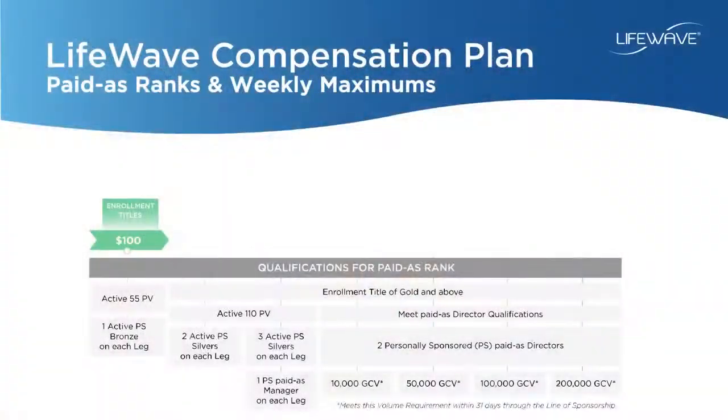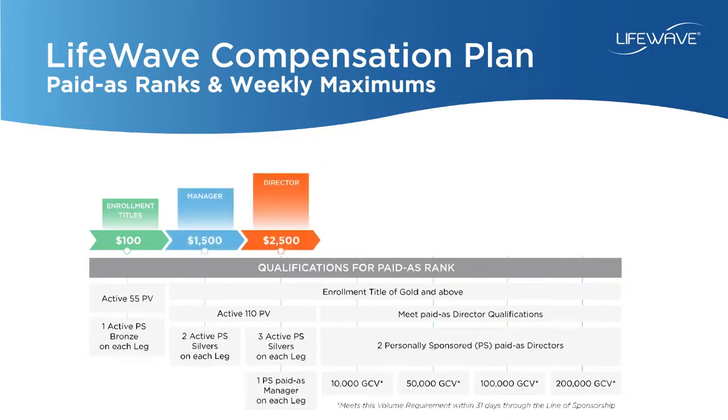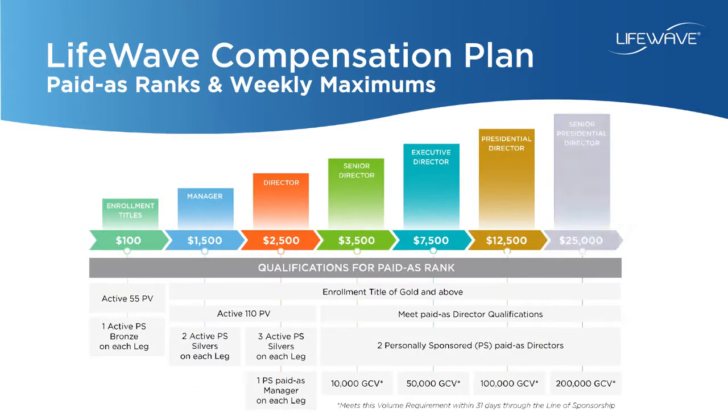One other thing to consider as well, as a paid as manager, your cyclable volume will remain with you even if you've maxed out the amount that you can earn per week for the first 52 weeks from your enrollment date. Now, all other ranks are subject to that cyclable volume rule, meaning any of your cyclable volume will be processed and consumed each and every week, and the associated commissions will be paid to you up to the maximum for your paid as rank.